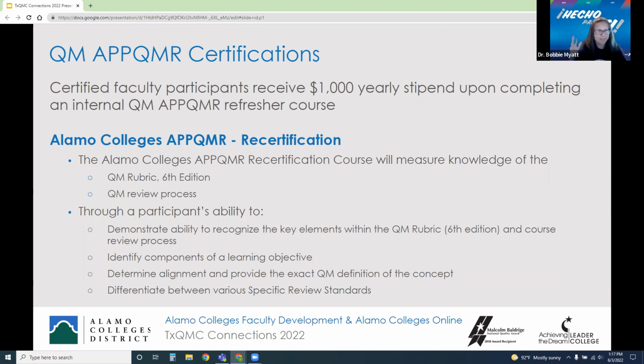And if they had been out of it, say, since 2018, and hadn't even looked at it again, when they went into this recertification refresher course that we offered internally, which is a very truncated version of APPQMR but hits all the highlights of the objectives that they would have to have at the end of the course, it brought them back into that space, and they were able to recognize those pedagogical strategies that maybe they had forgotten about, such as alignment or utilizing the activities and separating those things.